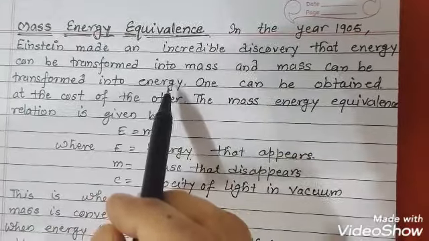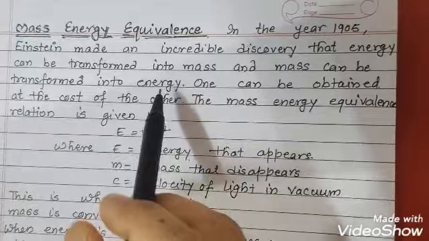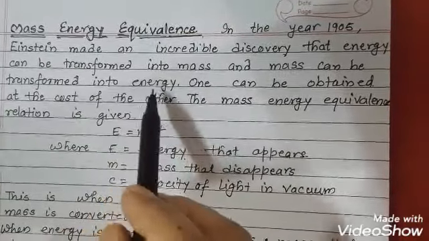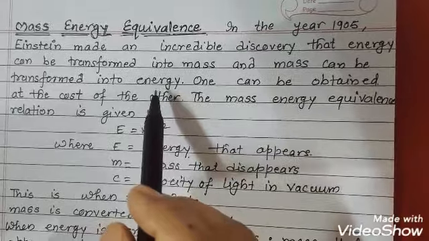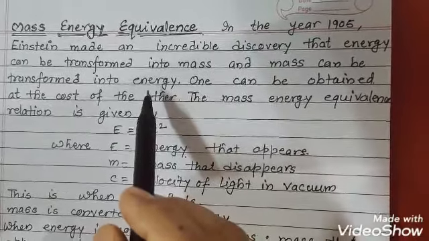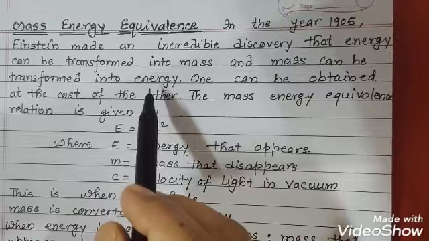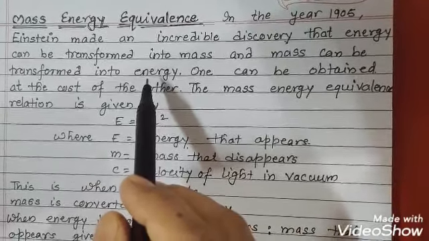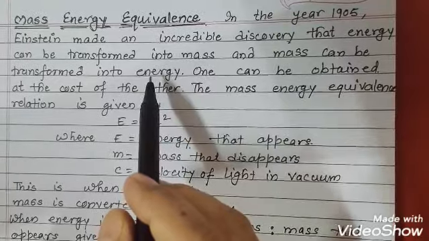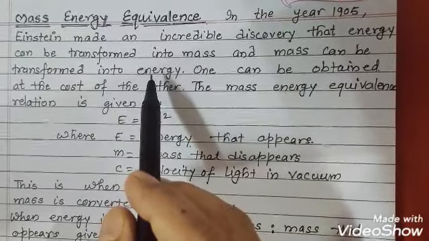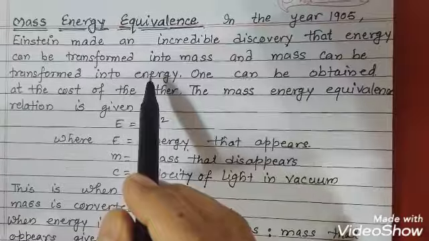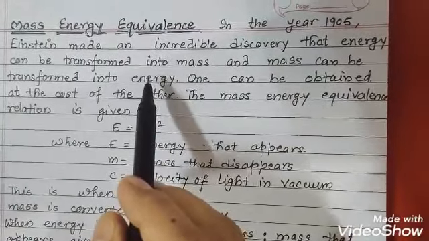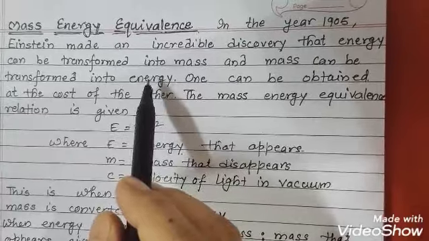Before this, we have studied the law of conservation of mass and the law of conservation of energy, in which we learned that mass is neither created nor destroyed, that means mass is always conserved for an isolated body, and in the same way energy is neither created nor destroyed.